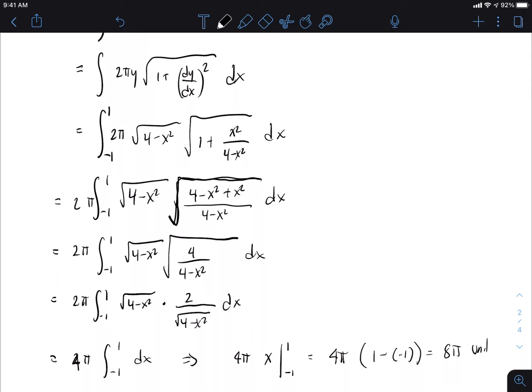And this should be units what? What kind of units are those? Squared, because surface area. Perfect. It's units squared because of surface area.